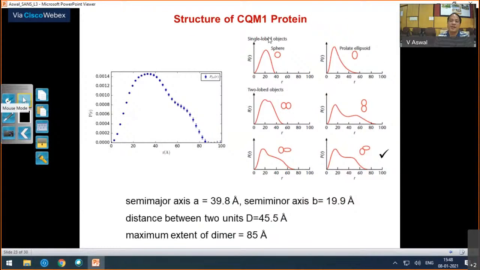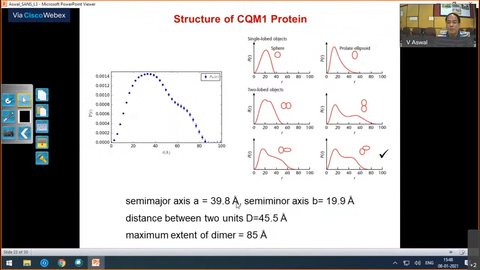Then coming back to this CQM protein, from P of R you get the information that this protein exists as dimers, one of these possibilities. But once you do the model analysis, you can model for the individual unimer, what is the size of this unimer in the dimer.